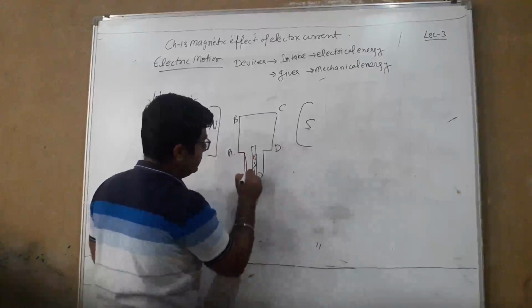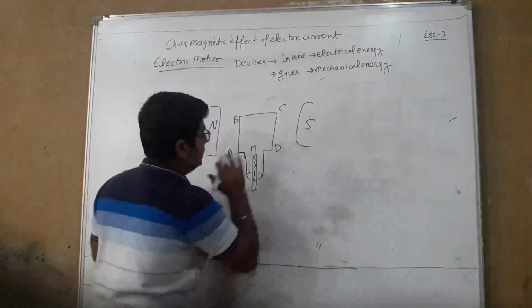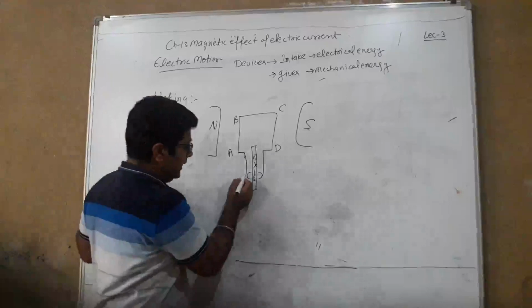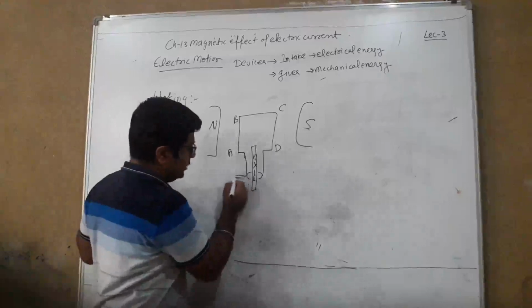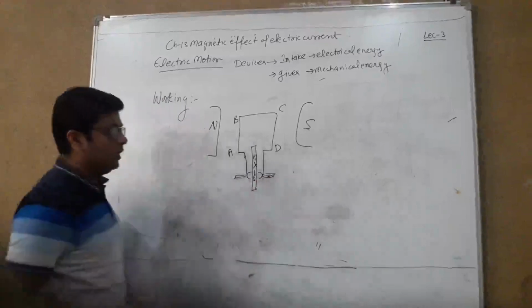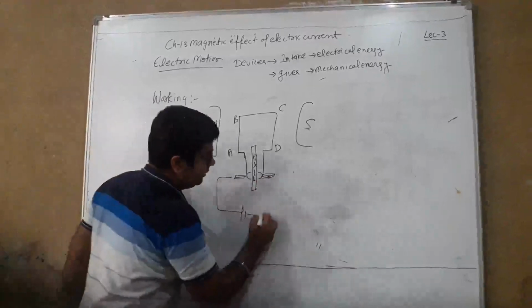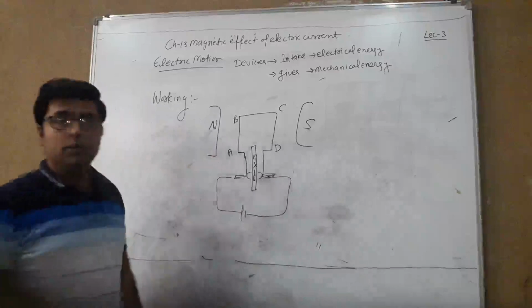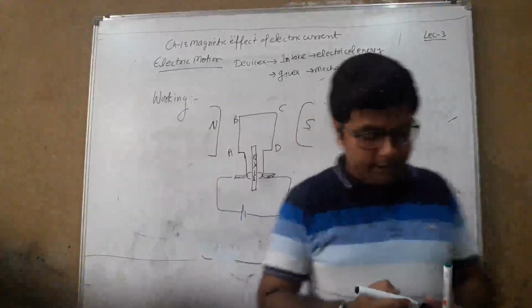Directly you can connect these split rings with the connecting wires, and here we have brushes. These are our brushes. Okay, and these brushes are connected with the source. So what happens in this?